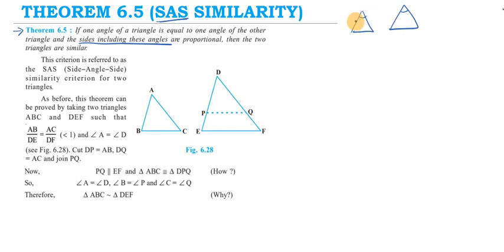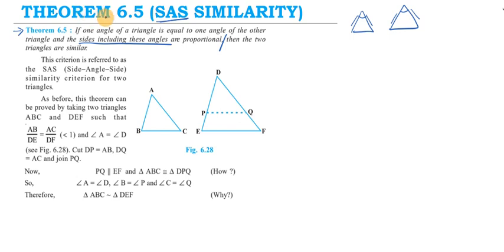For this angle, it is this side and this side. For this angle, it is this side and this side. These are proportional, so that is also given. So they have given that this angle and this angle are equal and the sides including the angles are proportional. In all these cases, we have to prove that the two triangles are similar.